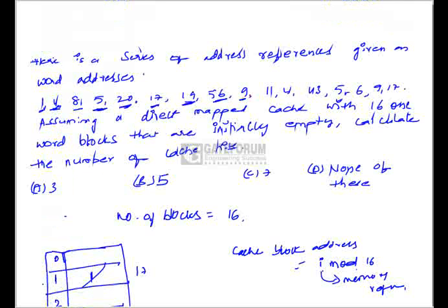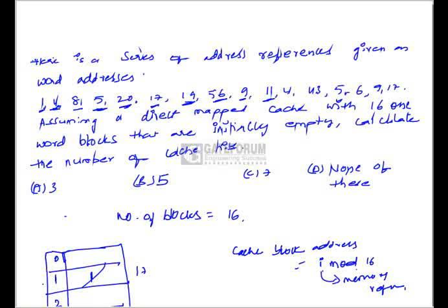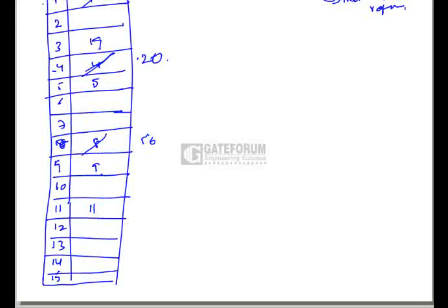Now 9 mod 16 is 9, so 9 is placed at cache block 9. 11 mod 16 is 11, so 11 is placed at 11 itself.